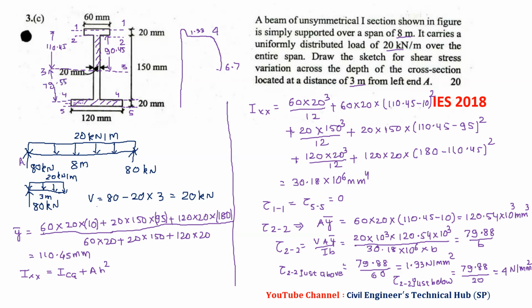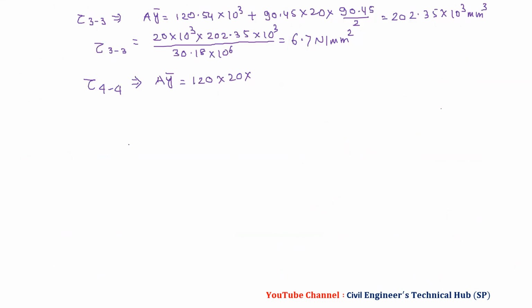So from center we have to subtract 10. So it comes 69.55. And we have this value 120 into 20 into 69.55, 166.92 into 10 raised to 3 millimeter cube.